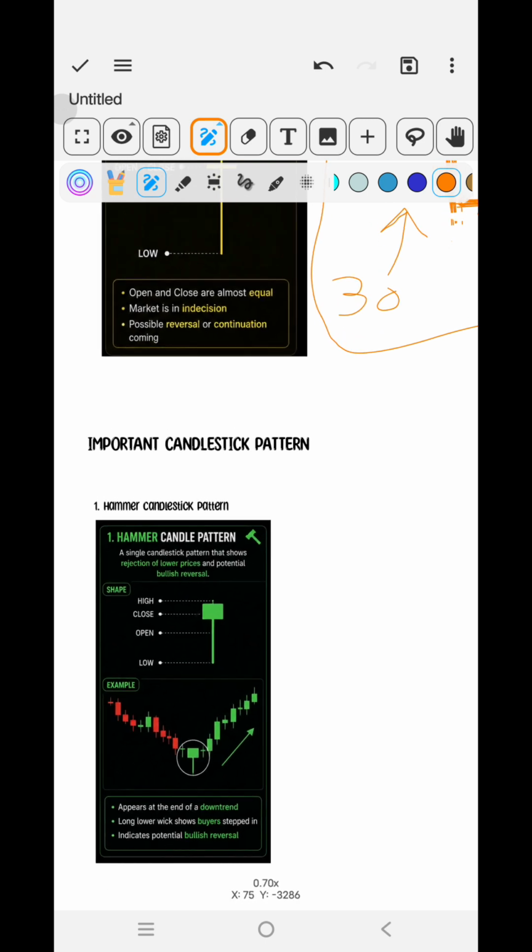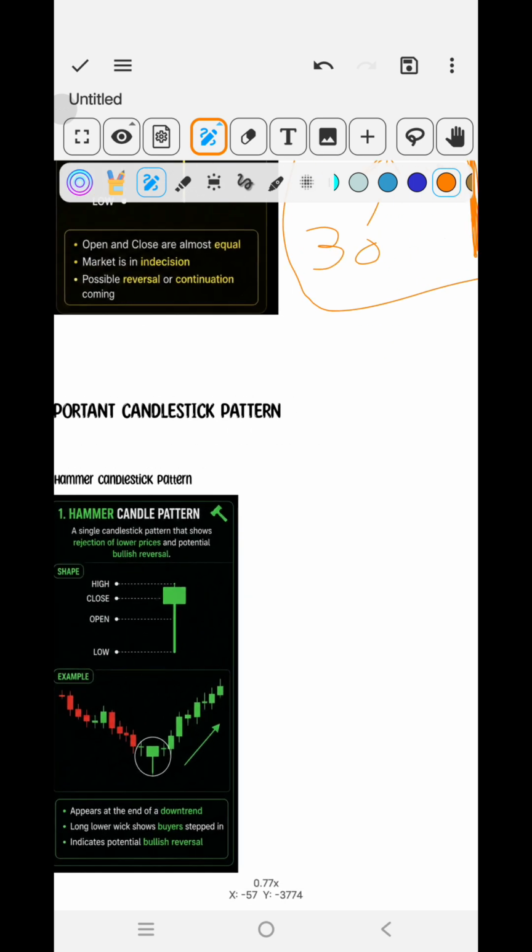Now, the first candlestick pattern is the hammer pattern. What is the hammer pattern? It is a candlestick pattern which shows a reversal. A hammer pattern has a small body and a long lower wick. You can see it like this.